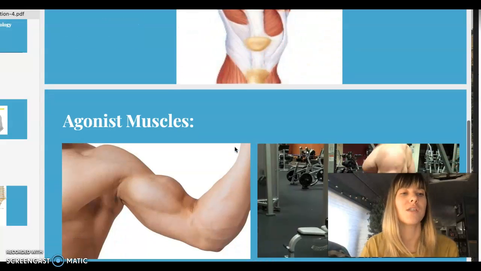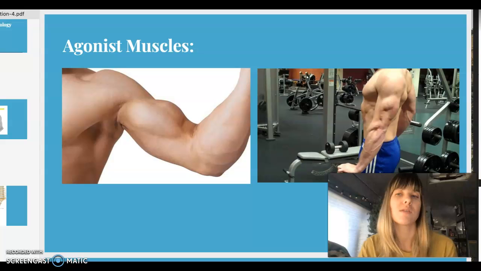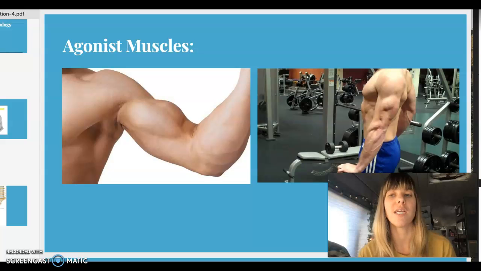And so we move forward into agonist muscles. Agonist muscles are a set of muscles in which some of them contract while others relax. The agonist muscles produce movements through their own contraction, and they're responsible for generating specific movements as well.